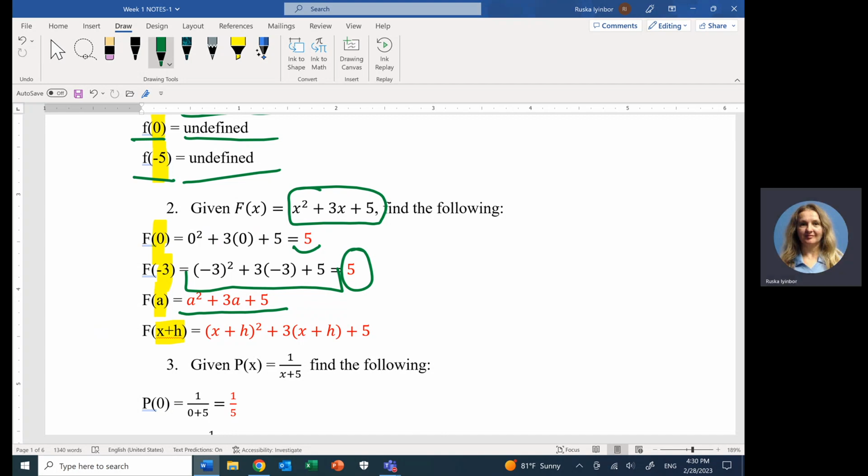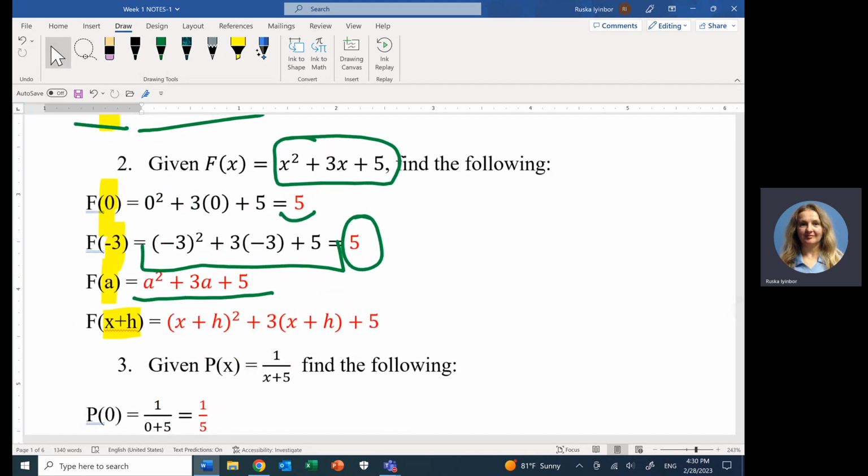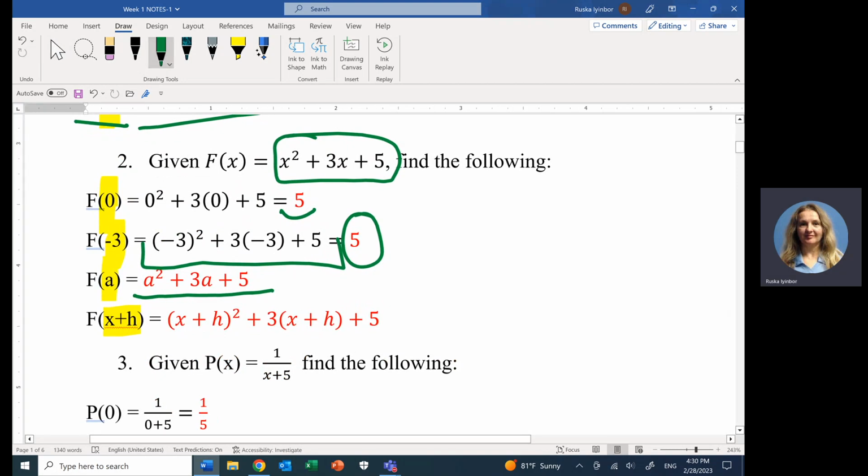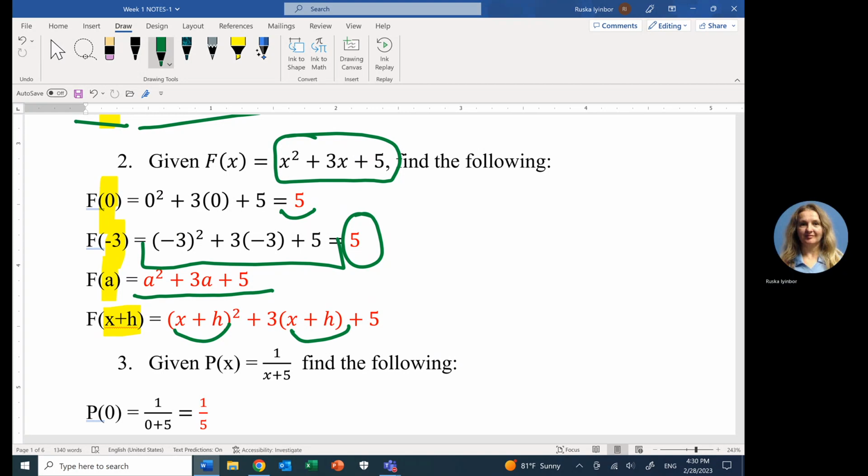The last question we have is f of x plus h. So in this case, we're just replacing x with x plus h. We're going to copy the function and replace x, so this is x plus h squared plus 3 times x plus h, and plus 5. So just copy the equation, and that's how you plug in the answer.